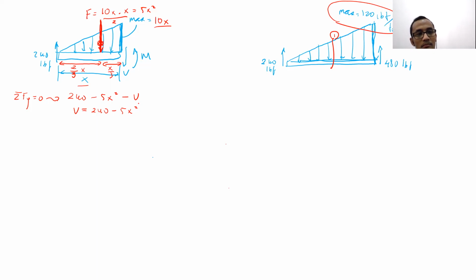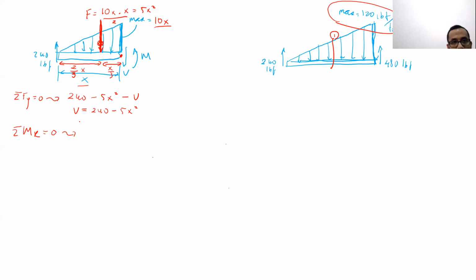Sigma moment at which location? I believe at the point with the unknown. Yeah, I think it's better to put it here, right? Yes. Okay, right here. So sigma moment at right here equals 0. Then what do you have there?